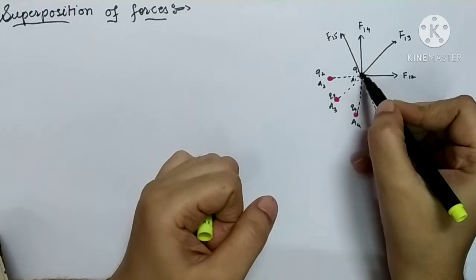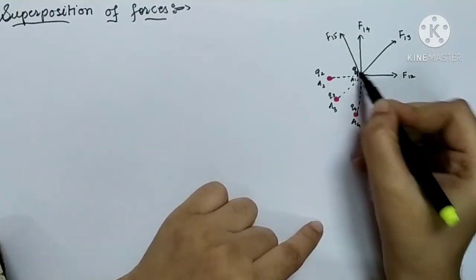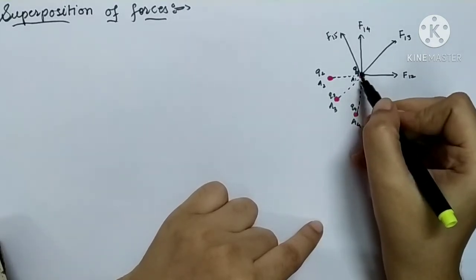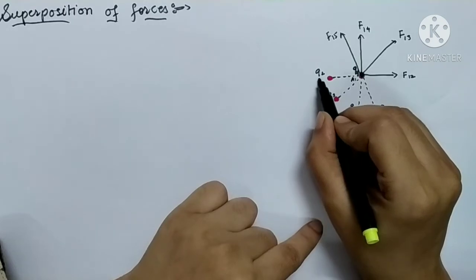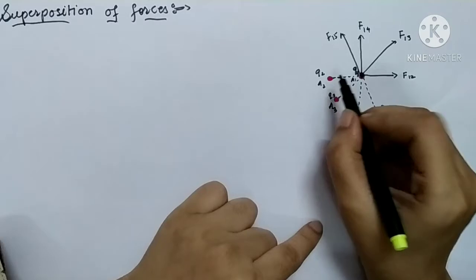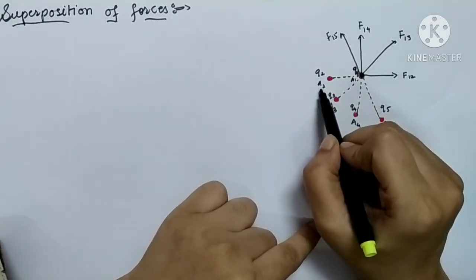Let us consider a charge Q1. See here, it is a charge Q1. It is placed at point A1. Charge Q2, this red dot is the position of the charge, is placed at the point A2.